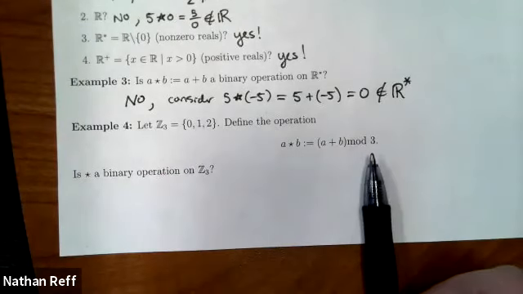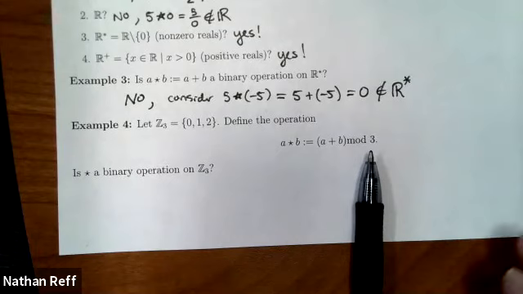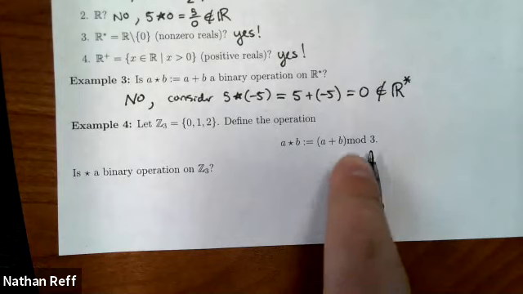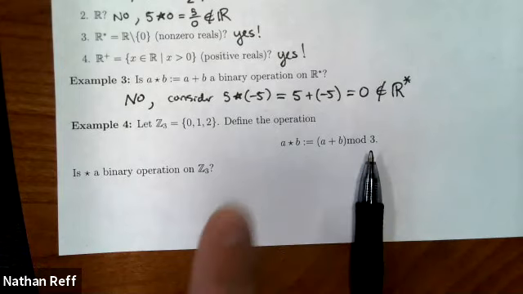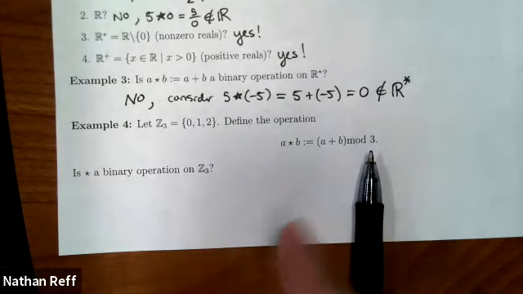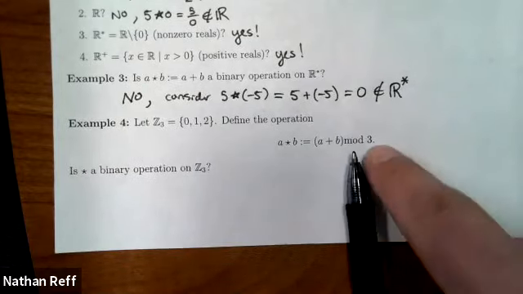Well, what happens when you mod it by 3? Thinking back to our division algorithm, that is going to be your remainder, right? Yes. From the division algorithm, we said that the remainder is guaranteed to be between 0 and n minus 1. In this case, n minus 1 would be 2.